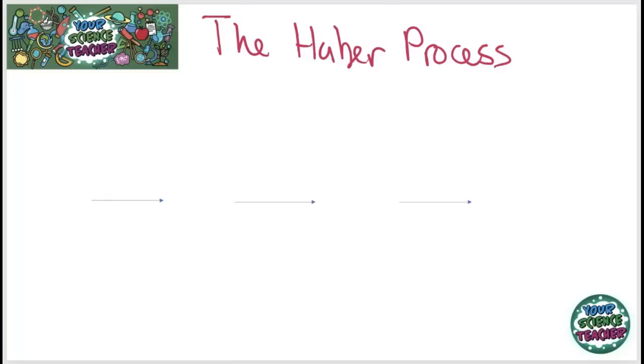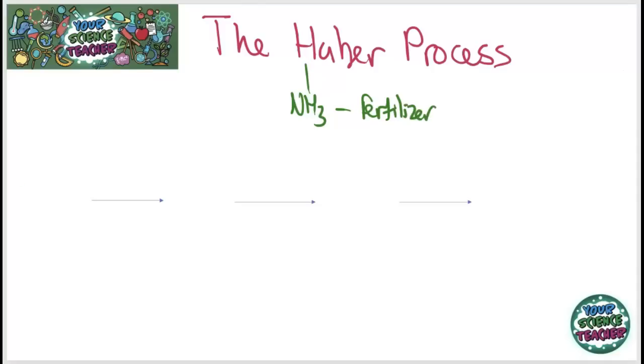We're now going to look at a specific reaction, a very important reaction in chemistry, in which we create a really useful product called ammonia, and it's called the Haber process. Now, ammonia is a key component of fertilizers, so that is why we need to produce it on an industrial scale.